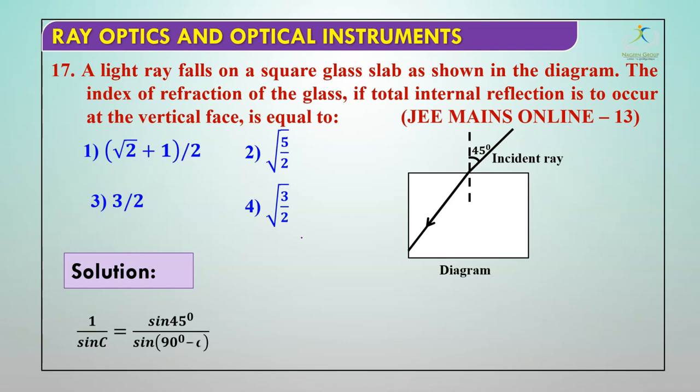Now move with the solution part, like 1 by sin C is equals to sin 45 degree by sin (90 minus C), which comes like tan C is equals to root 2. So from here we can calculate the value of mu, which is 1 by sin C, and after solution we get the value of root 3 by 2.